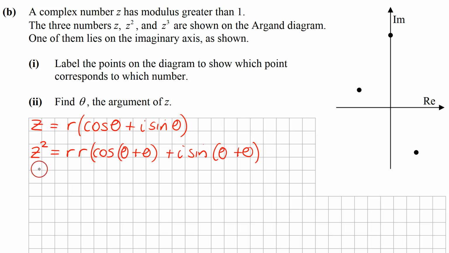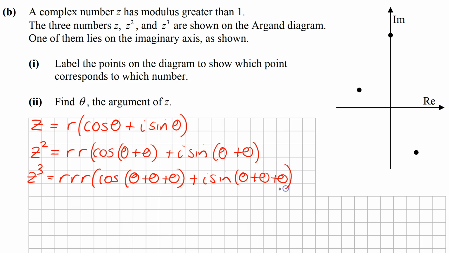And z cubed would be r times r times r, or r cubed, by the cos of theta plus theta plus theta, plus i sine. We'd write that as r cubed by the cos of 3 theta plus i sine of 3 theta.